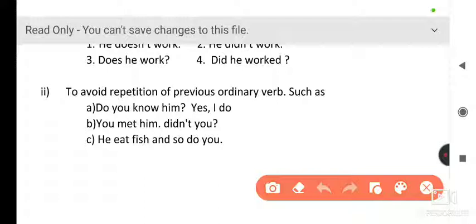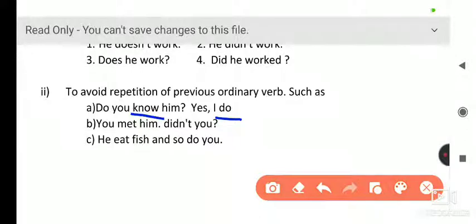So in the first sentence we can easily identify that we avoid the verb know by using do in the sentence.